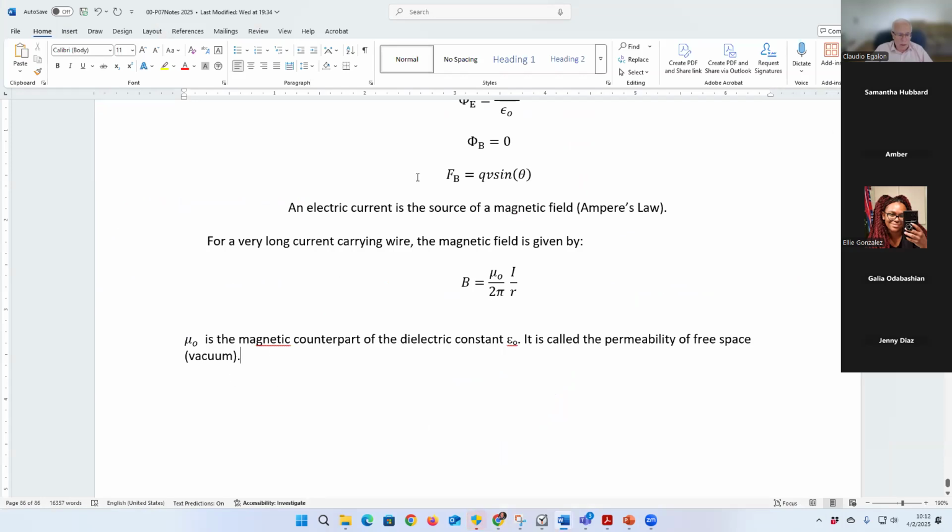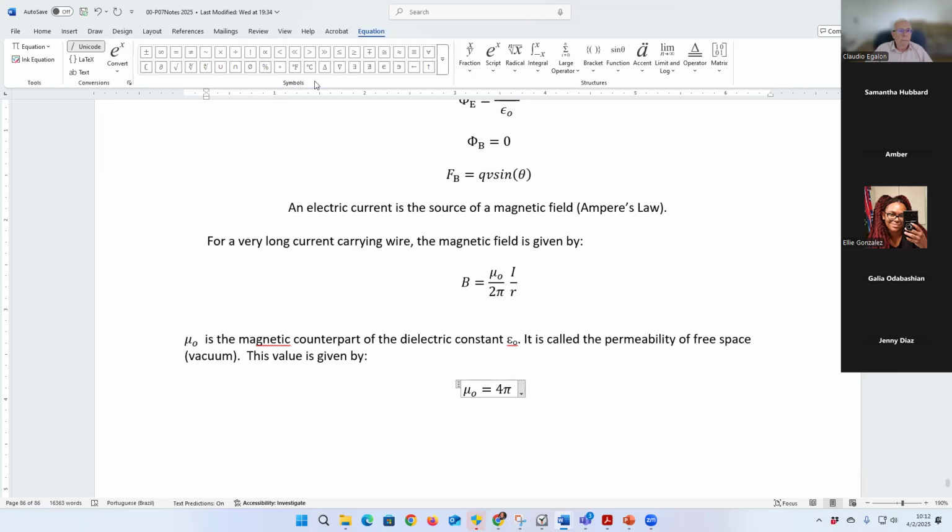So this value is given by 4 pi times 10 to the minus 7.